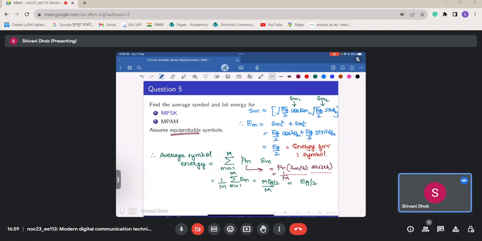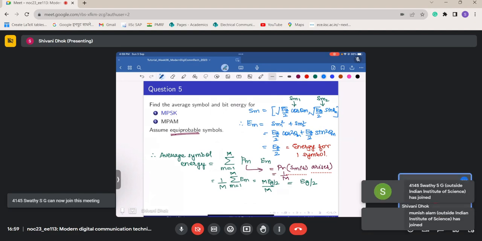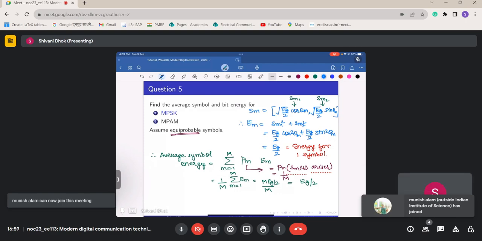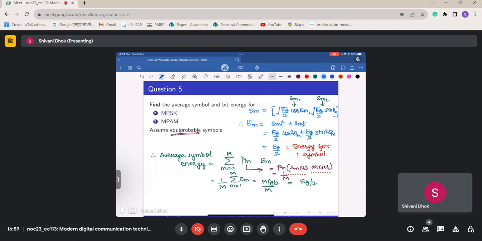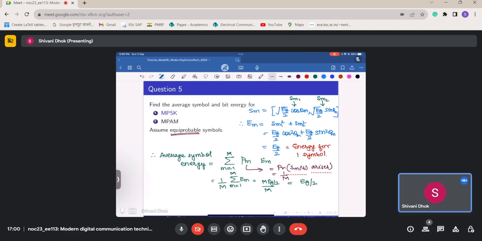Okay, now the next thing that we need to do. This Eg by 2 was the energy for the mth symbol, and the average energy of the symbol is given by summation m equal to 1 to capital M Pm, which is the probability that the mth symbol was sent or arises, into the energy of that symbol.